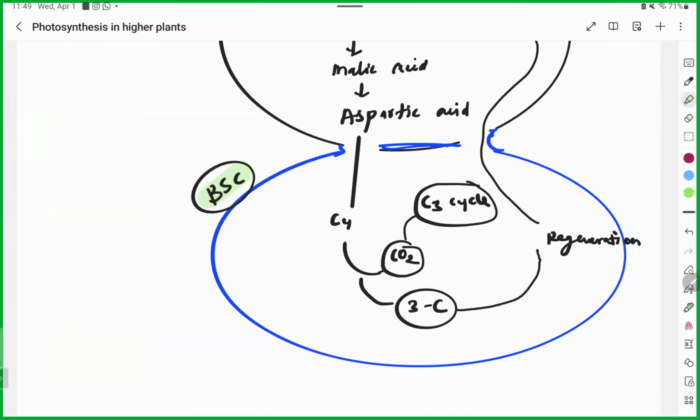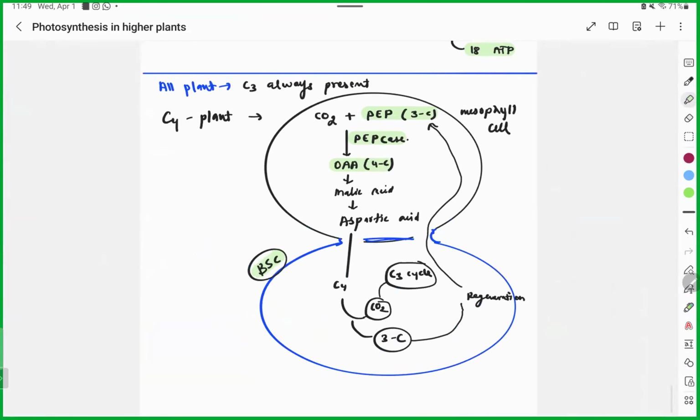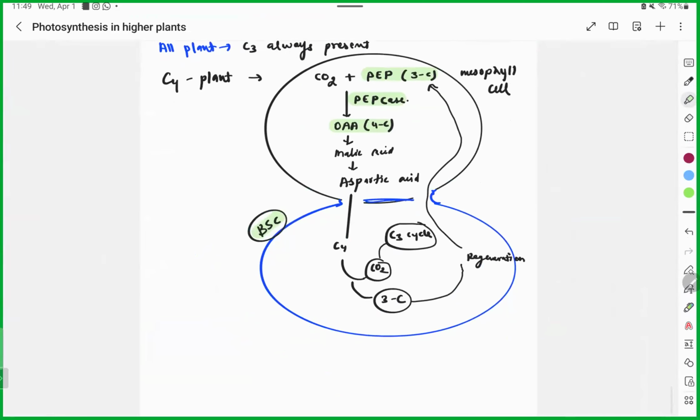Then you have a question? Yes, sir. Can you say again the bundle sheath cell one? Bundle sheath cells are the special cells present in the C4 plant. In C3 plants, everything happens in the mesophyll cell. For example, in C3 plants, the Calvin cycle occurs in the mesophyll cell. But in C4 plants, this same Calvin cycle occurs in the bundle sheath cell.